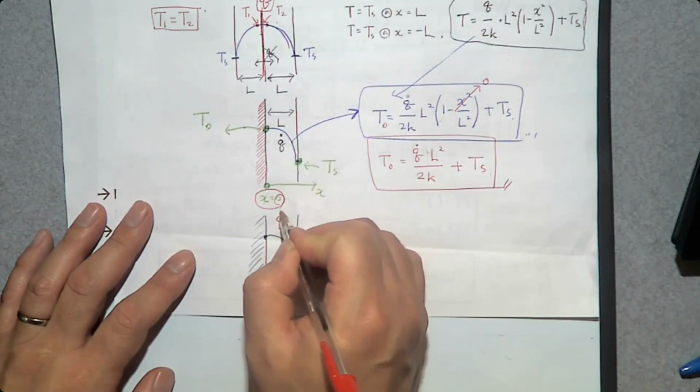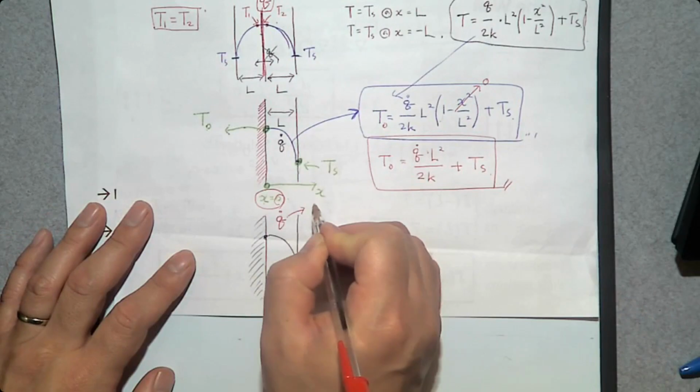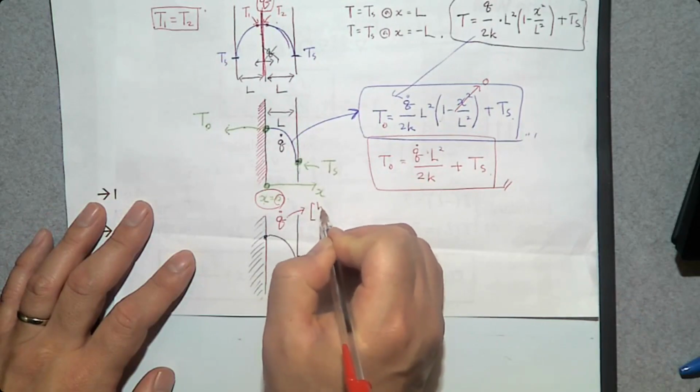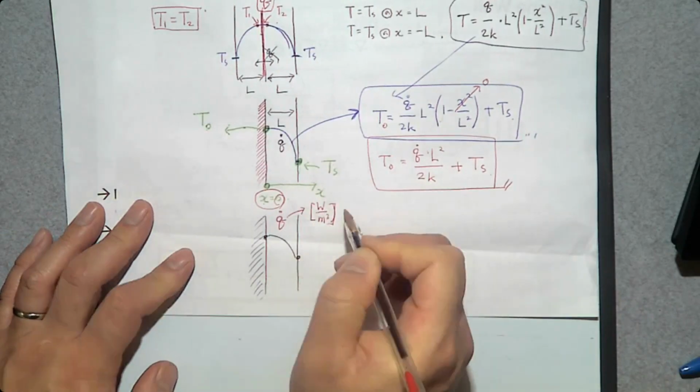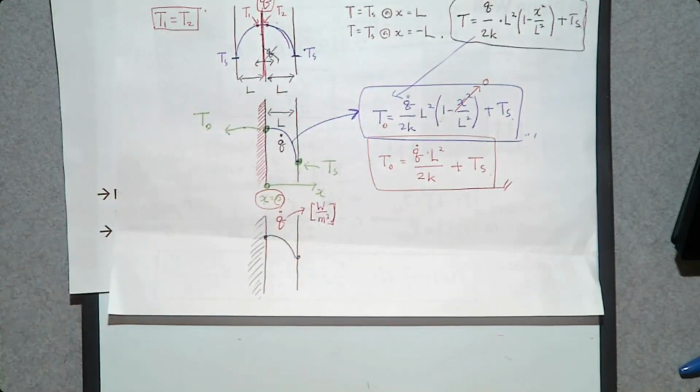This is the volumetric heat generation, so the unit is going to be watt per cubic meter. So if you want to determine the exact rate of heat transfer, then you need to multiply by the total volume of this plane wall and this Q dot. That will give you this much heat rate is going to be generated in this plane wall.